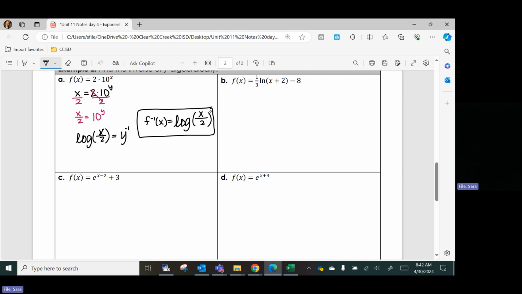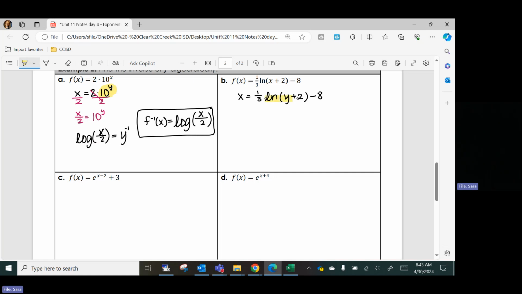All right, in B, we start with a log. We still start the same way though. Replace f of x with y and switch x and y. We need to isolate the log term. So again, over here we isolated the exponential term.